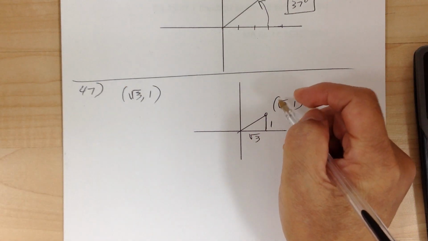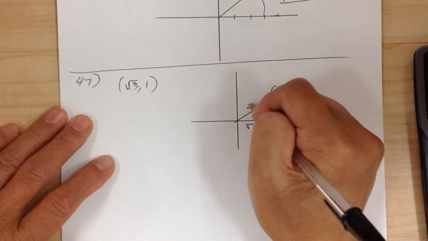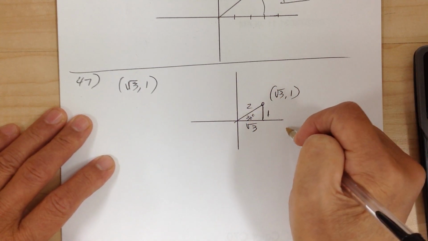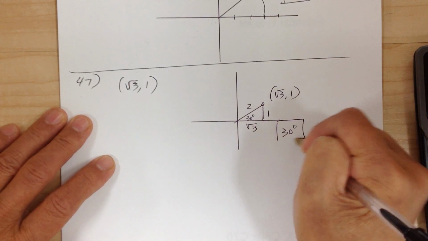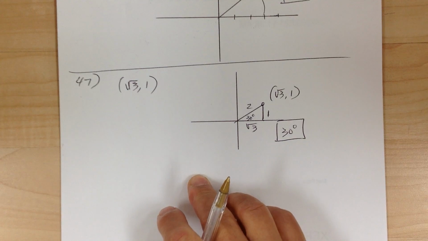From your geometry, this is your 30-60 special triangle, right? 1, 2, square root of 3. So this is your 30 degrees. In this case, your theta is 30 degrees. So you have to remember a little bit from your geometry.